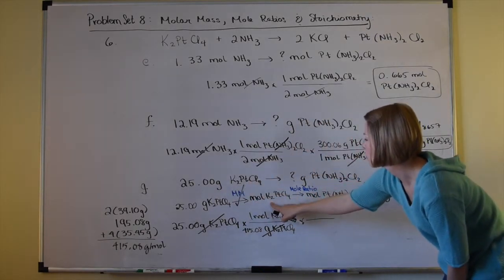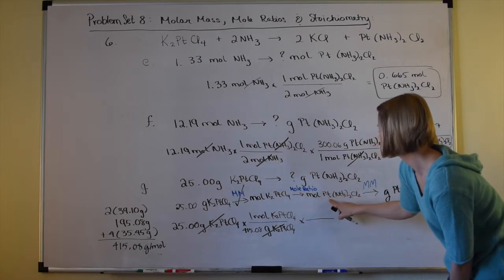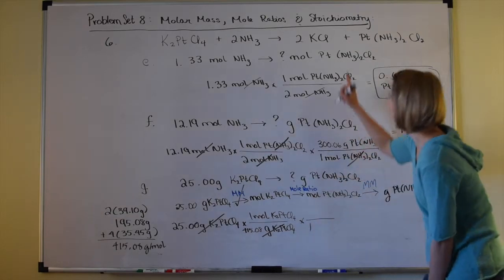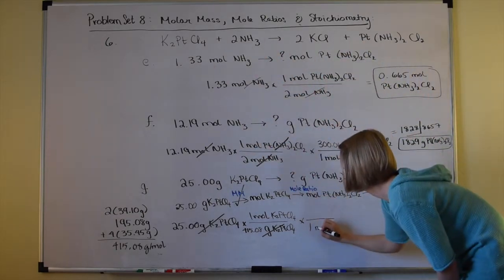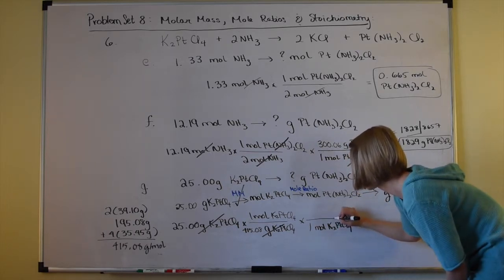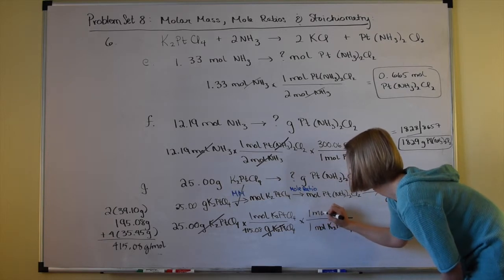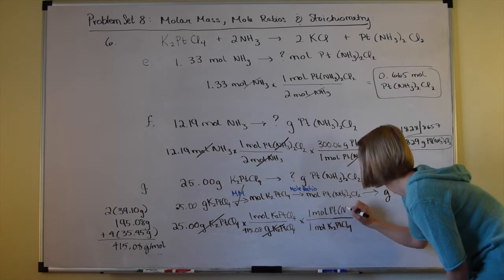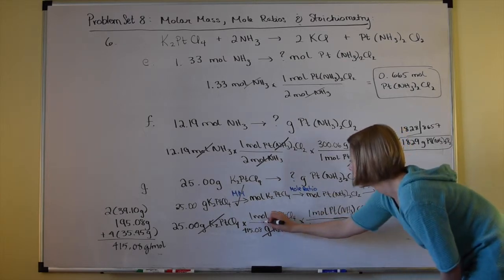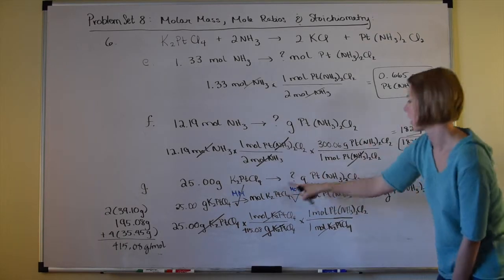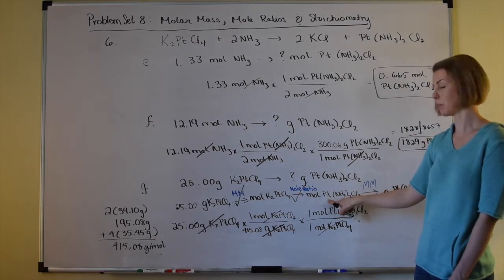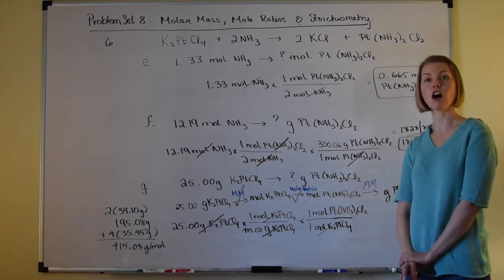Now I'm ready to convert my moles of the potassium tetrachloroplatinate into my moles of cisplatin using my mole ratio, which is 1:1 from the balanced equation. For every 1 mole of the potassium tetrachloroplatinate, I get 1 mole of my cisplatin. Okay. I just did this step and converted between moles of potassium tetrachloroplatinate into moles of cisplatin. So I now know how many moles of cisplatin are going to form.